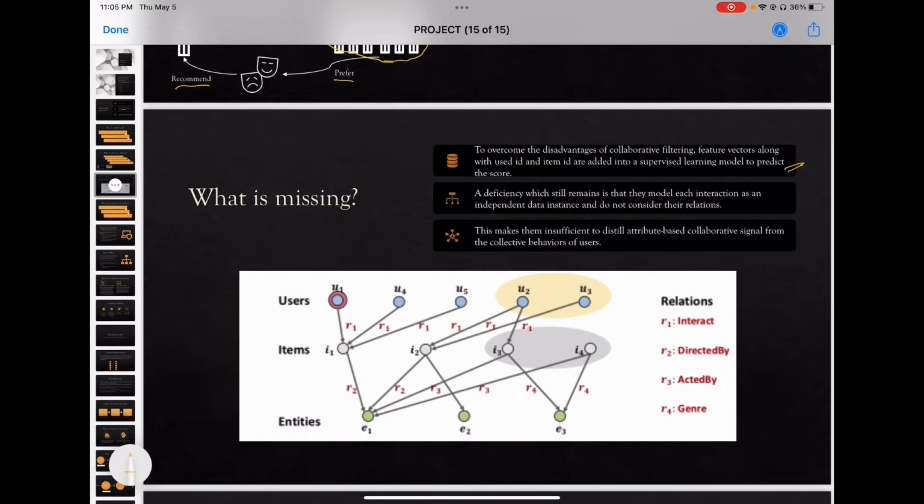Such a supervised learning paradigm for recommendation has been widely deployed in the industry, and some representative models include factorization machine, neural factorization machine, Wide & Deep, and xDeepFM. We are going to later on compare our KGAT model with FM and neural FM to see how it does better.